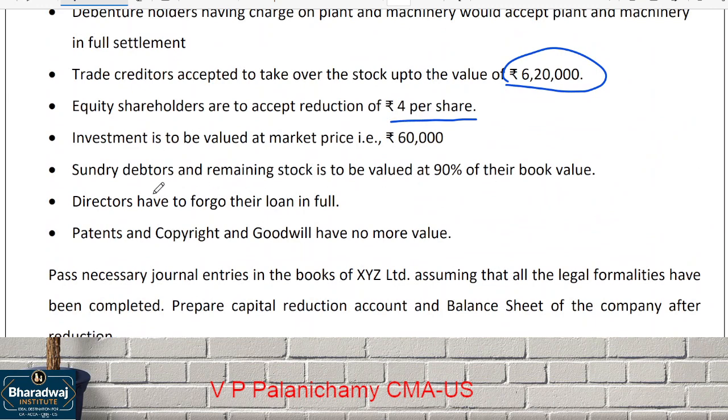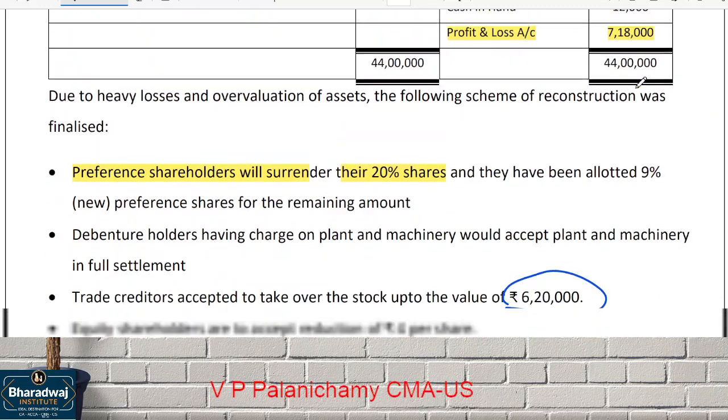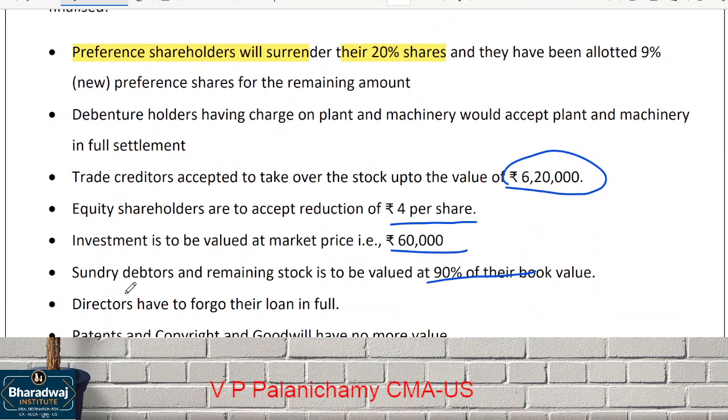Then debtors and remaining stocks to be valued at what? Investments are valued at 65,000. There is a reduction by how much? 5,000. And debtors and remaining stock to be taken at what? 90% of book value. 10% reduction is there.